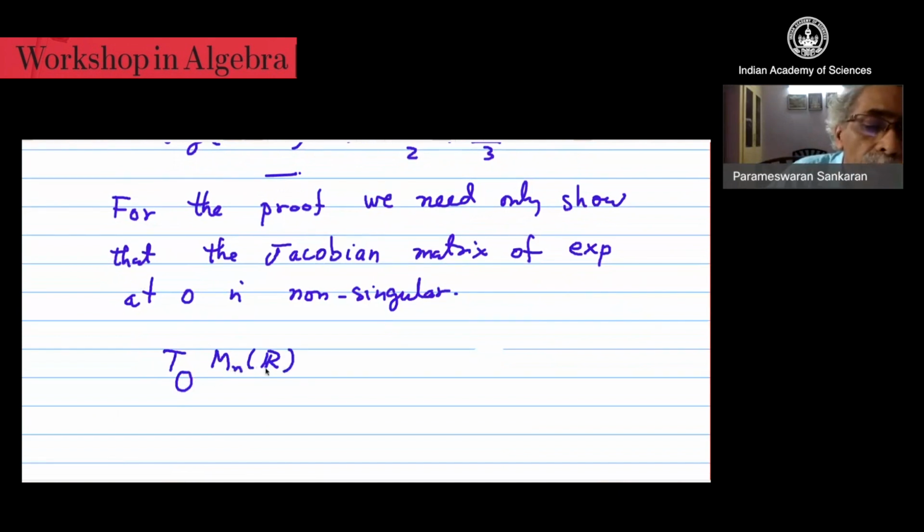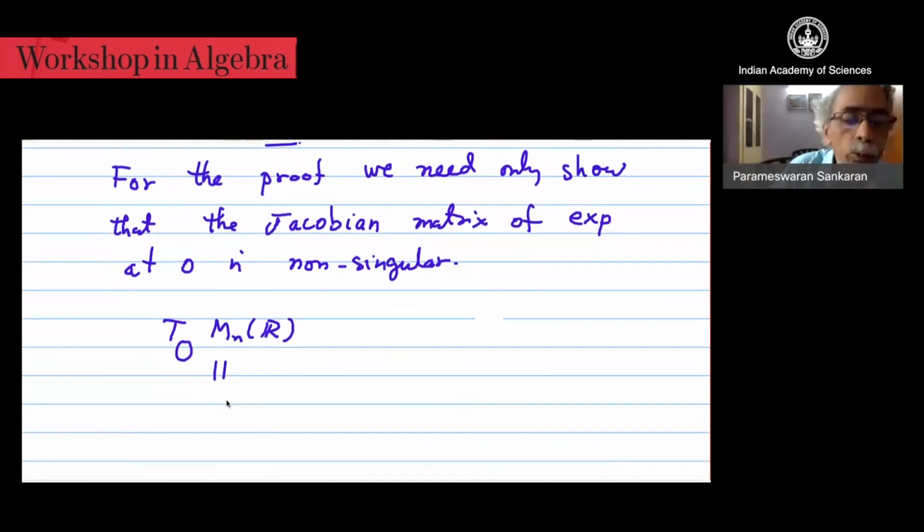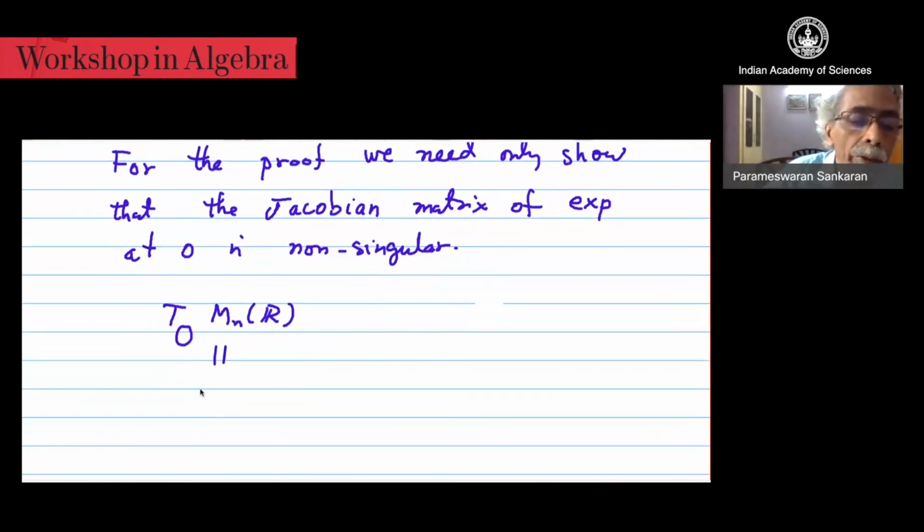Consider the tangent space to this at the origin, which is canonically just Mn of R. The coordinates here are matrix coefficients x_ij, and the basis will be dx_ij evaluated at the origin.